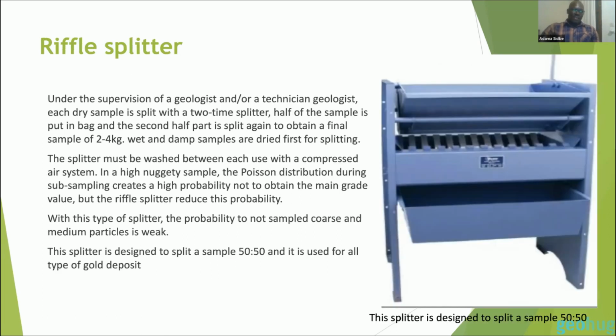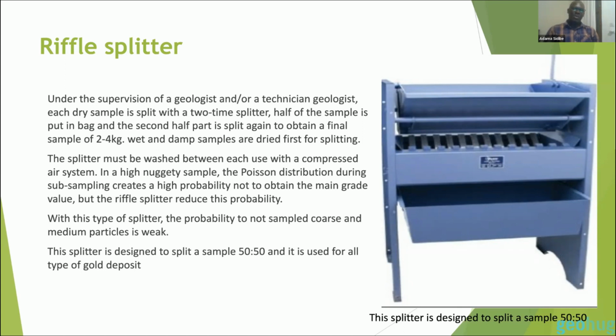Okay, we have the 50-50 splitter. The splitter is designed to split a sample 50-50. Here, under the supervision of geologists and or technician geologists, each dry sample is split two times.